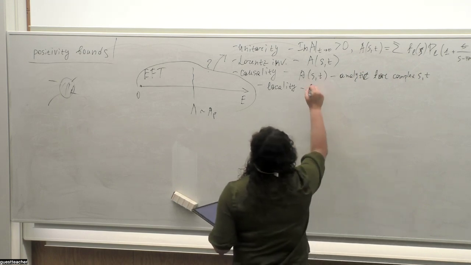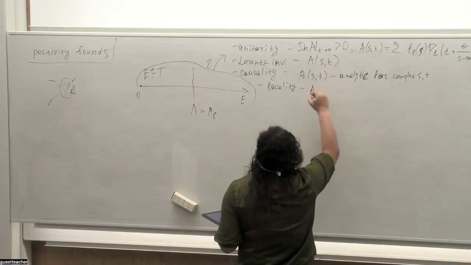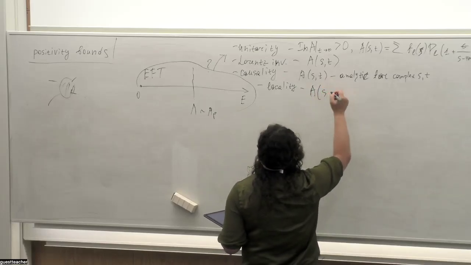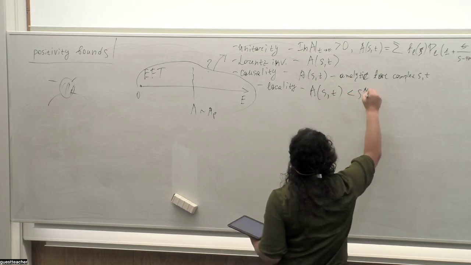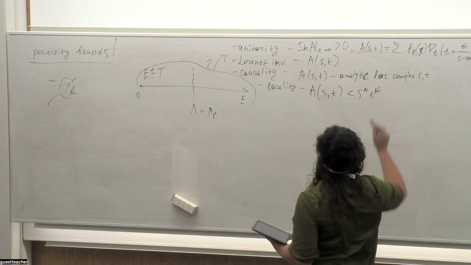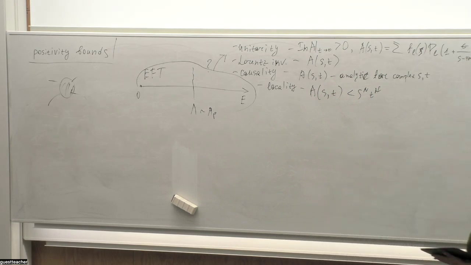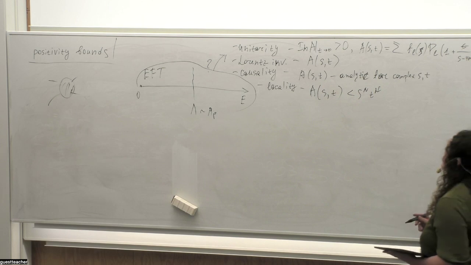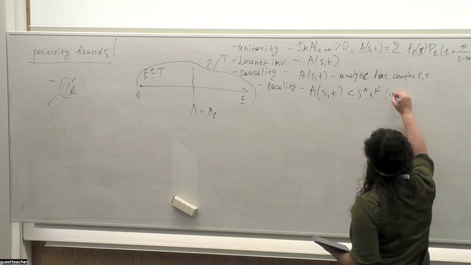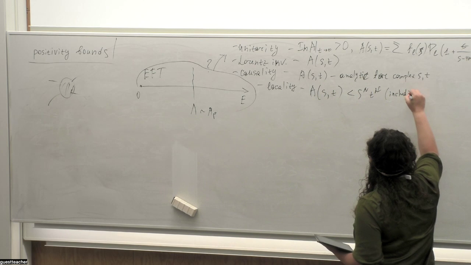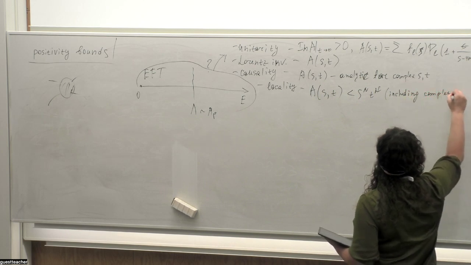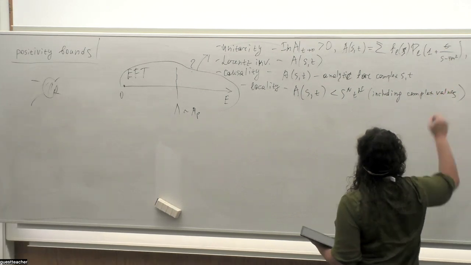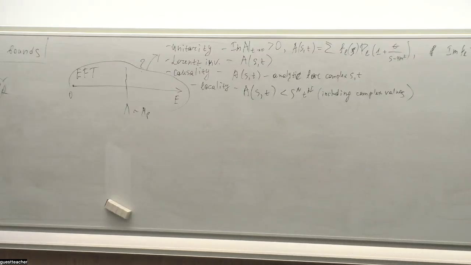Locality is usually thought of as the polynomial boundedness of the amplitude. That this function of two variables is bounded polynomially everywhere, including the complex plane, which is important, not only the real axis.